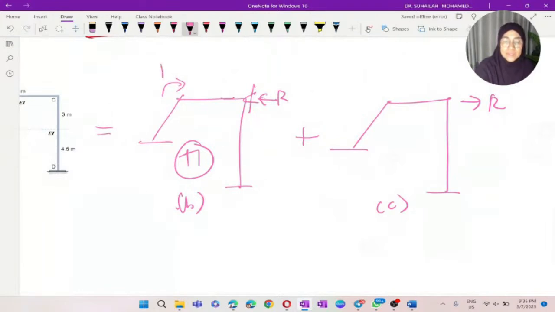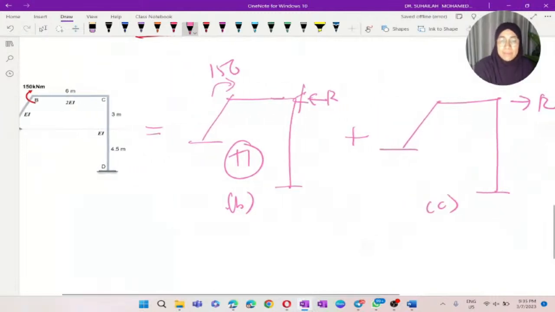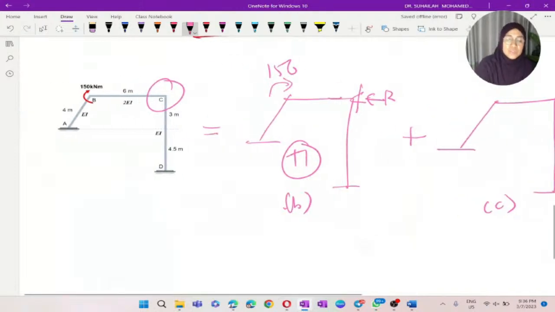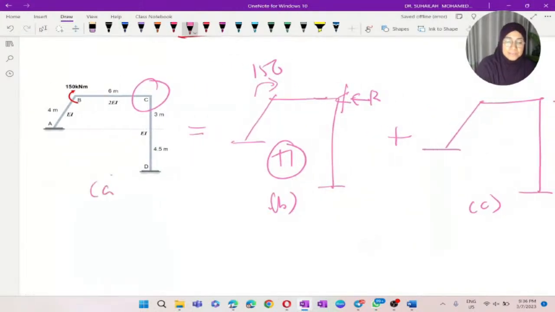So negative R plus positive R gives us back 0 at C, because in the original frame at C there is no R. C can move to the right direction, so that is why we have to neutralize the R. So we have negative R plus R. The original diagram is A.